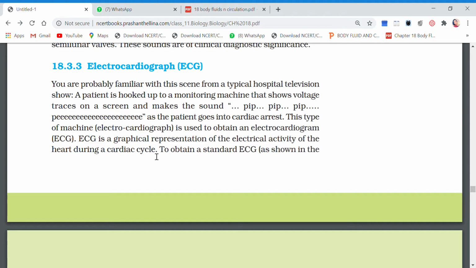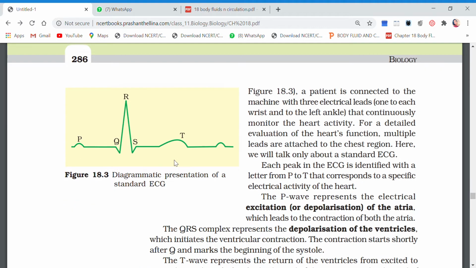That cardiac cycle is represented in the form of electrical activity and is represented graphically through a machine called an electrocardiograph, and that graphical representation is known as an electrocardiogram.